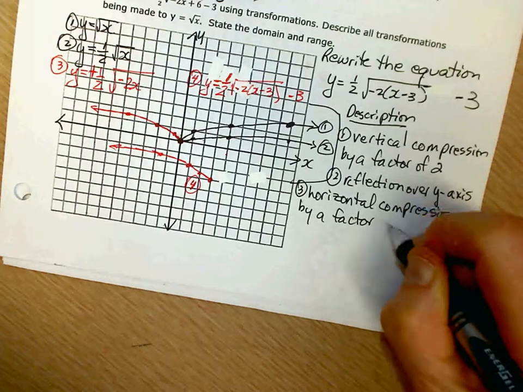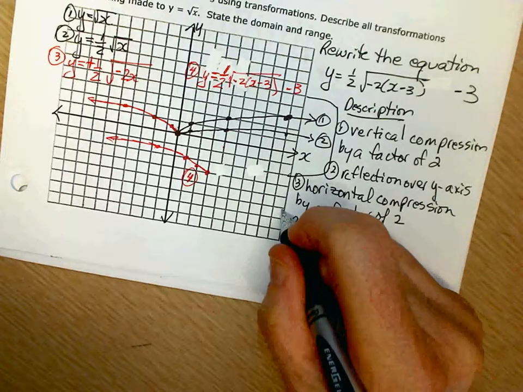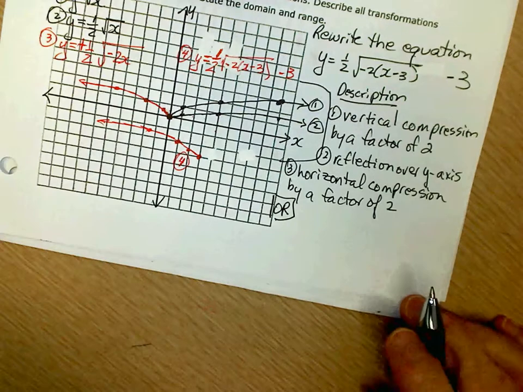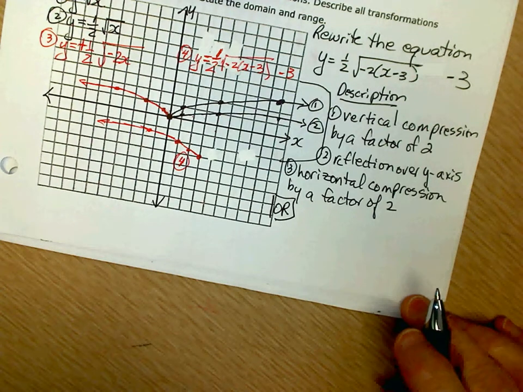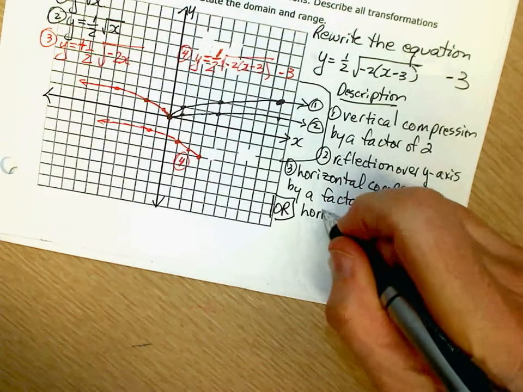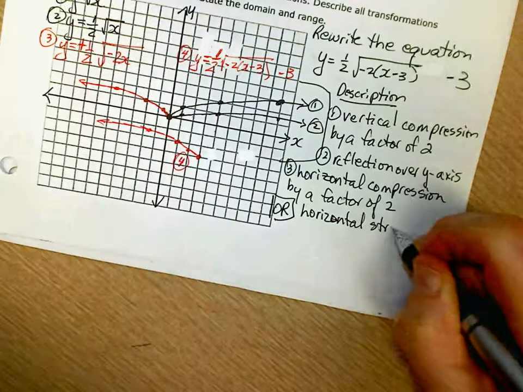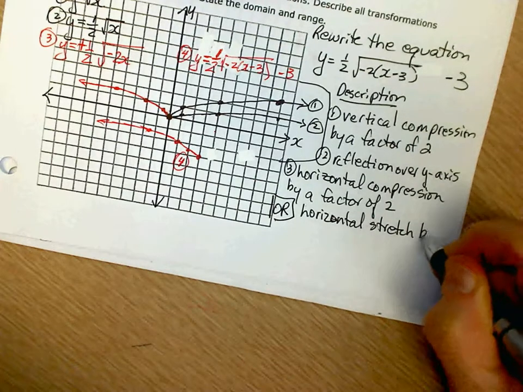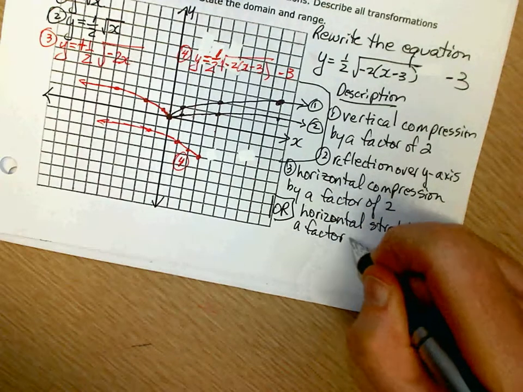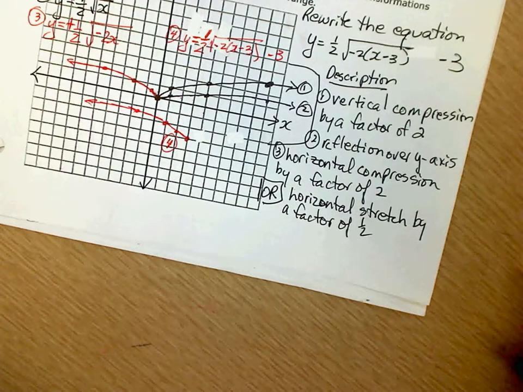Or, if you want, but I don't think it makes it easier, you can call it a horizontal stretch by a factor of a half. 4.